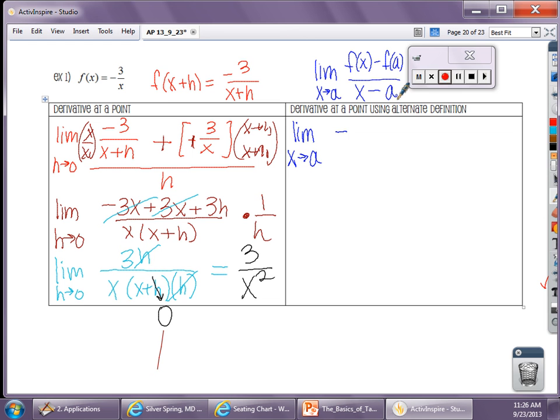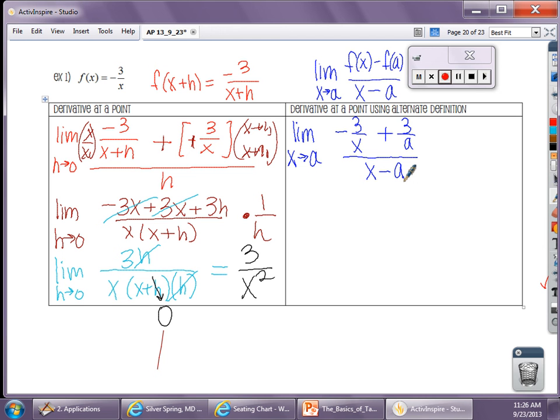Okay, that's what we're using. f of x, negative 3 over x. f of a, negative, with a minus sign, will give me this, all over x minus a. We good? Have I lost anyone? We're good on where everything came from?